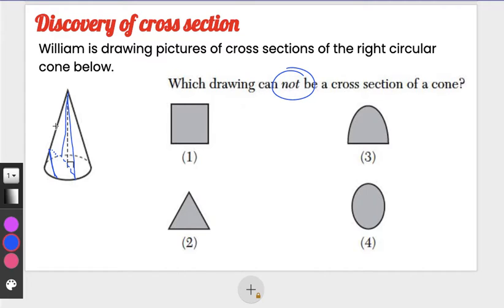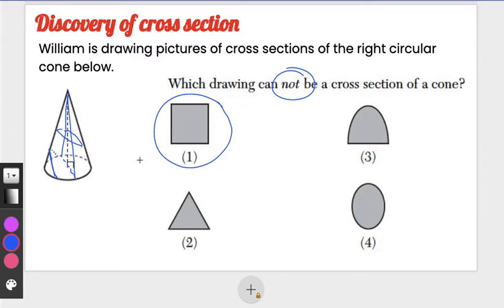And if I cut in a very slanted way like this, I might have an oval. However, no matter how hard you cut, you will never get a square like that. So the one that cannot be is only the square; I cannot get it from this cone, right?